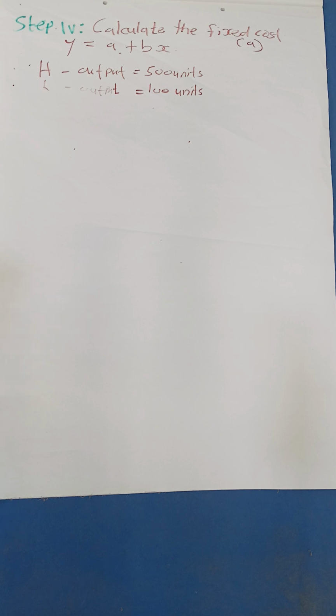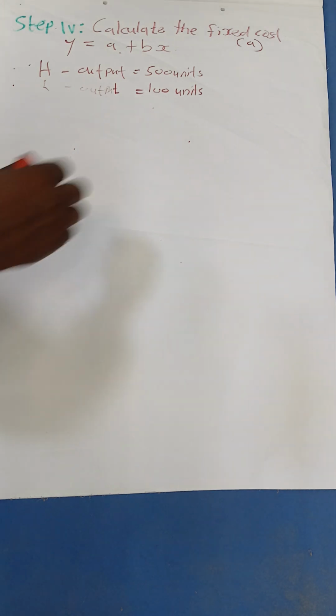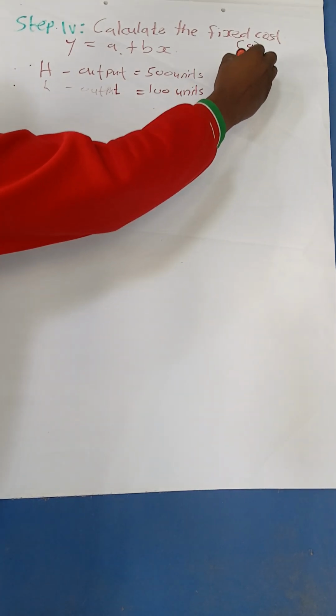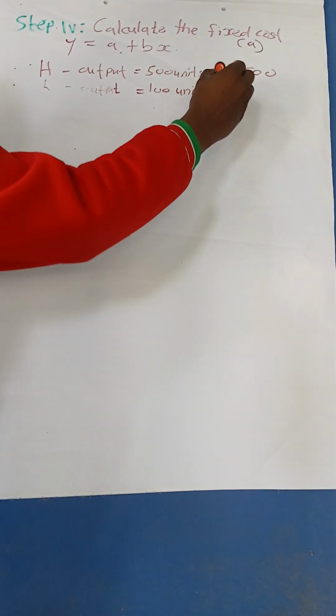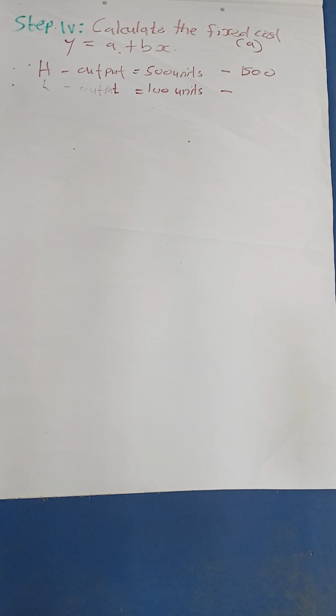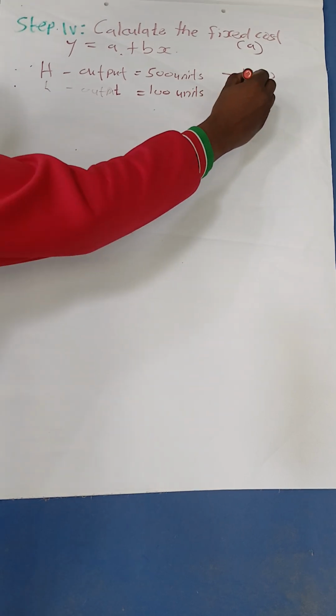So what about the highest cost? The highest cost we had was 1500, and the corresponding cost for 100 units was 700.